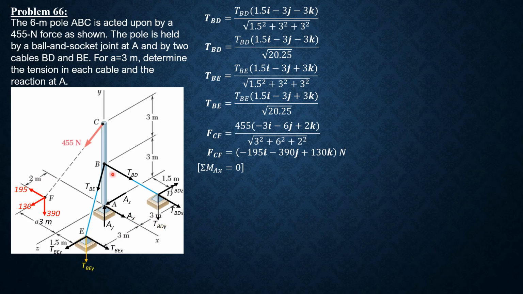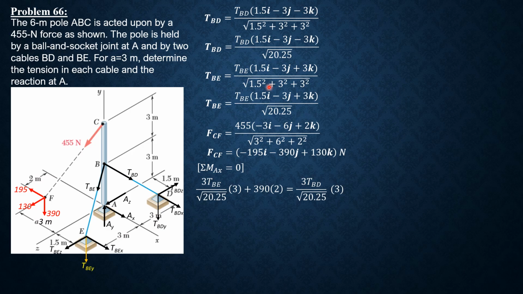So by right thumb rule, we have TBEY, and TBEY is 3 over square root of 20.25, because this is already downward. Don't mind the negative sign there. That's downward, times 3 plus 390 times 2, then equals TBDY.